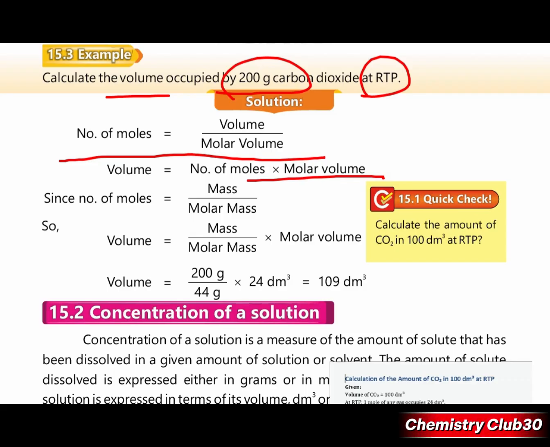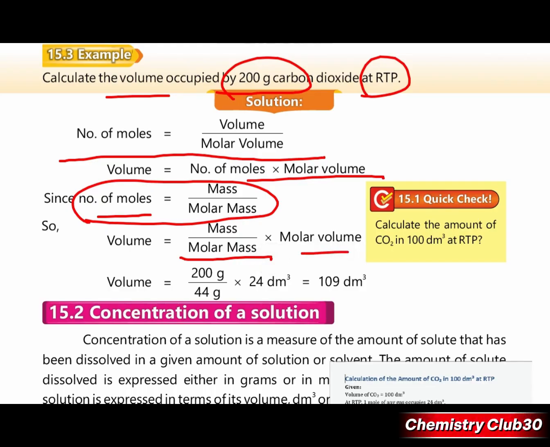We already know that number of moles is equal to mass over molar mass. The mass of carbon dioxide is given here, which is 200 gram, and we will put this in the above formula: volume is equal to mass over molar mass multiplied by molar volume.